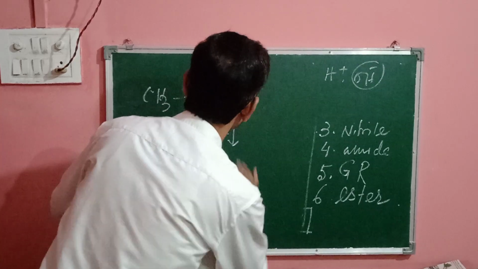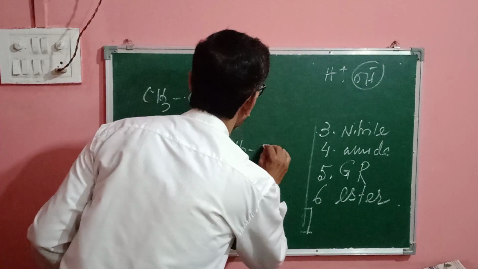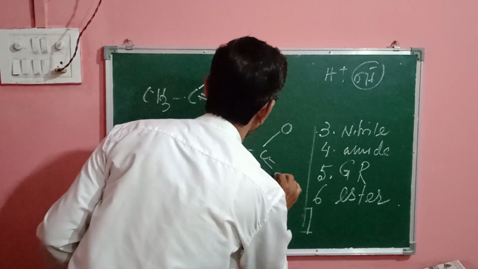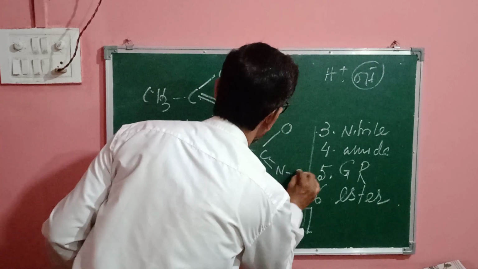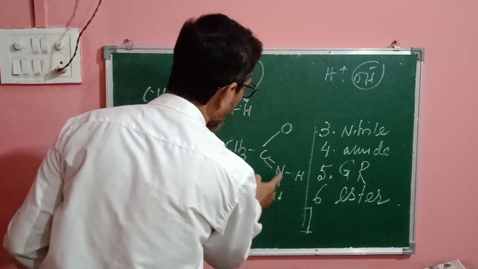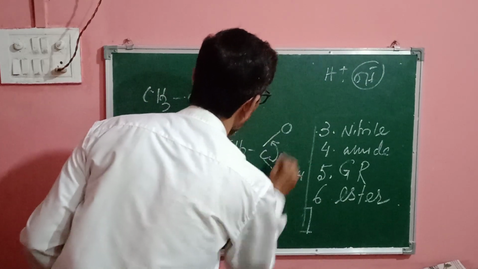So you are getting CH3, C double bond O, and N, H. Whenever hydrogen comes here, that double bond will be withdrawn here.